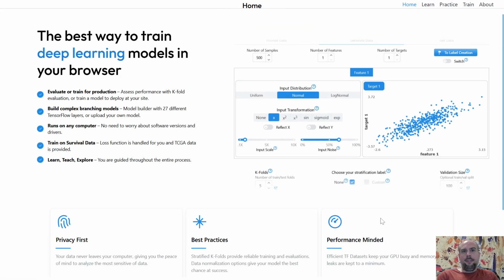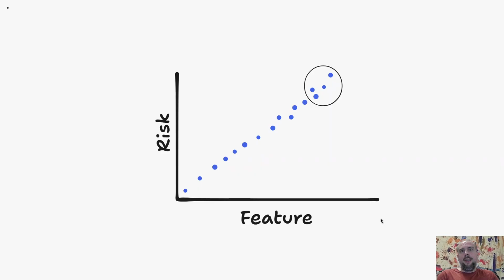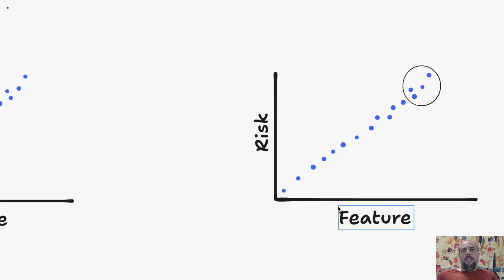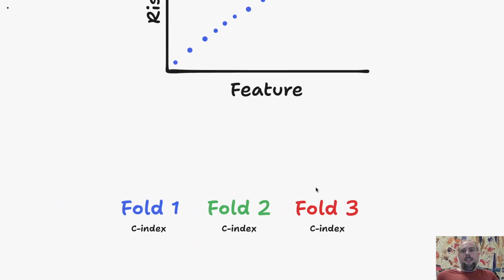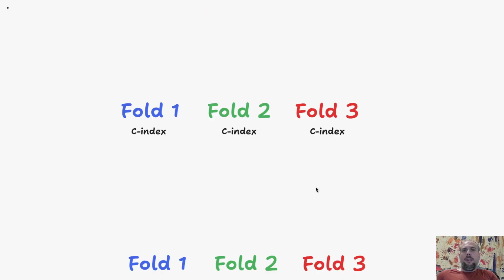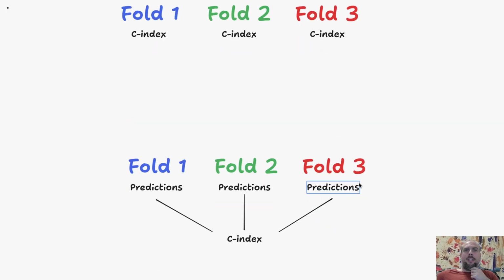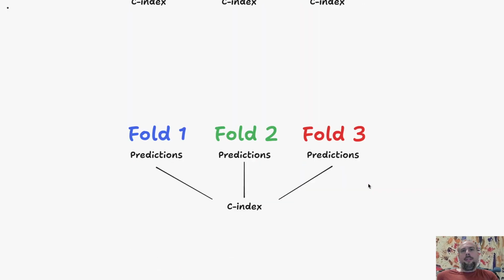Okay, so let's go back to our C-index discussion. What should we do then if taking the average of the folds is not the answer? Well, you could just take the predictions of each fold and then calculate the C-index from the predictions. Calculate the C-index one time instead of three times.